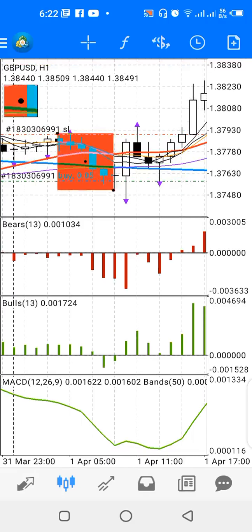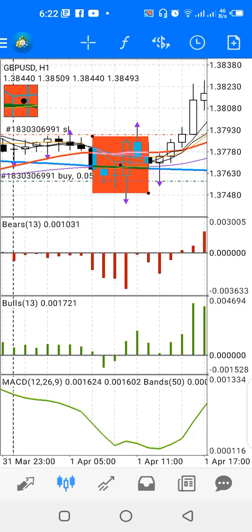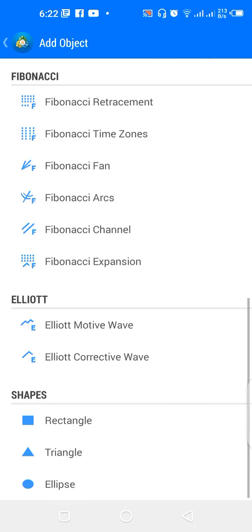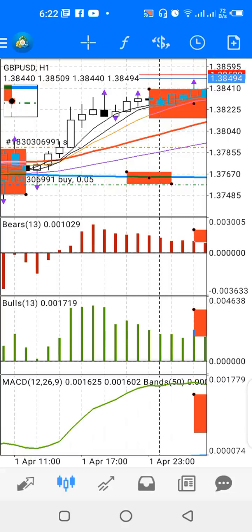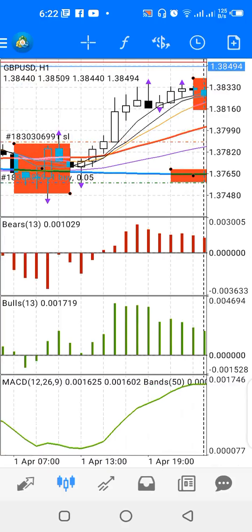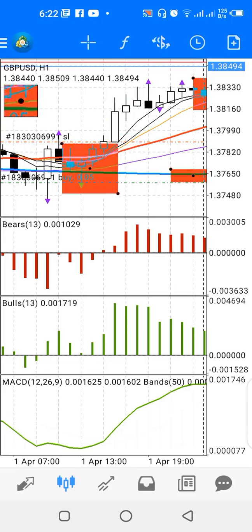This blue line is my 200 moving average. I allow all other moving averages to cross above it. Then I start to buy.